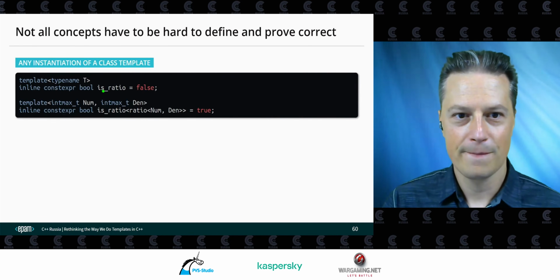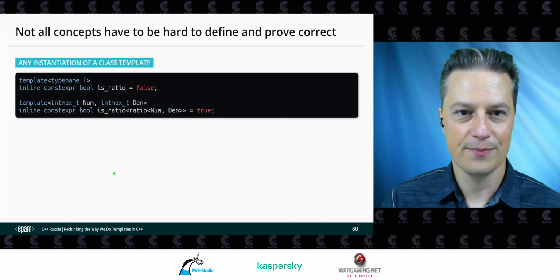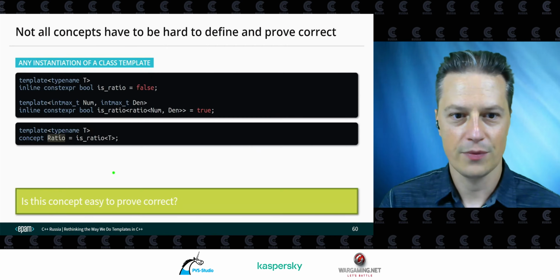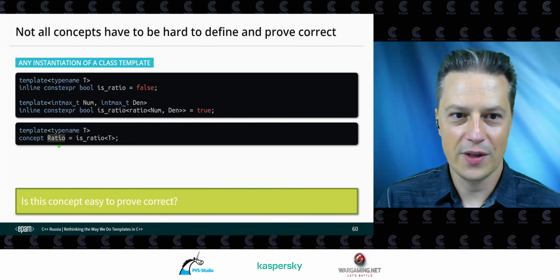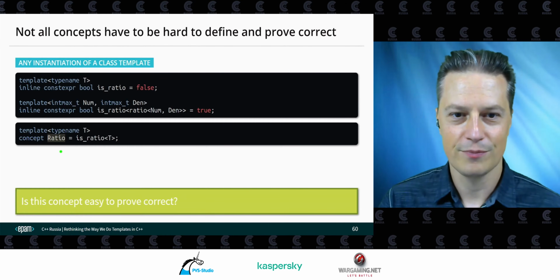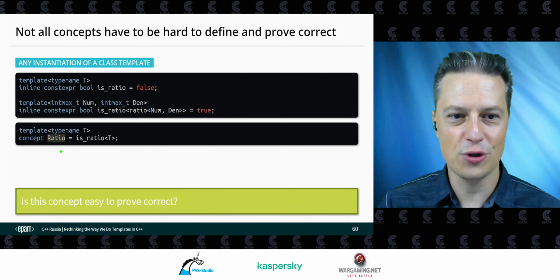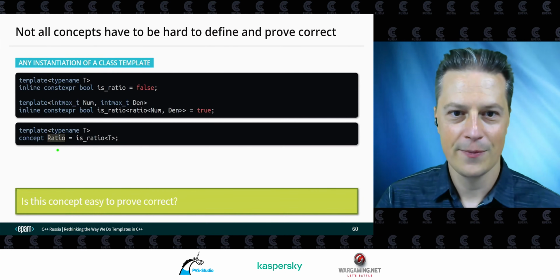For example, if we implement something like this, is it easy to prove that it's correct? That's not a problem to implement this and make sure it's written correctly, right?